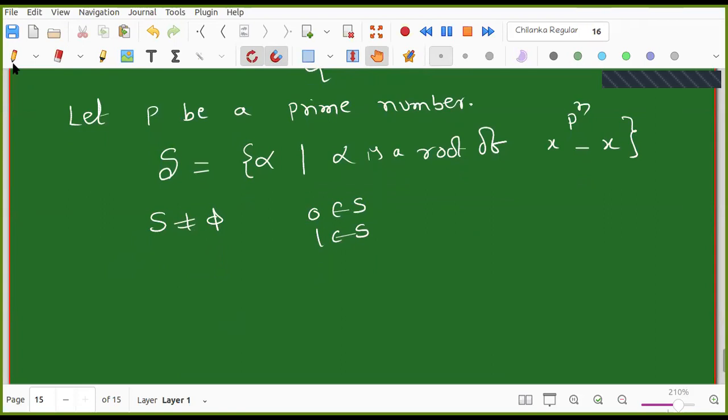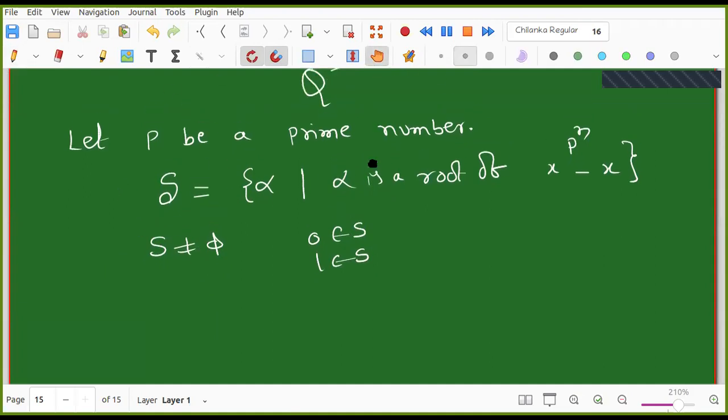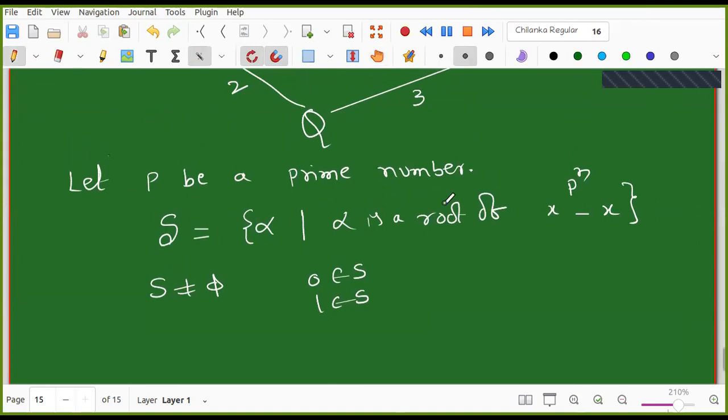Now, but before that, be careful that we are doing all operations. First of all, let us go like this. Then x^(p^n) - x belongs to F_p[x]. Are you okay with that?